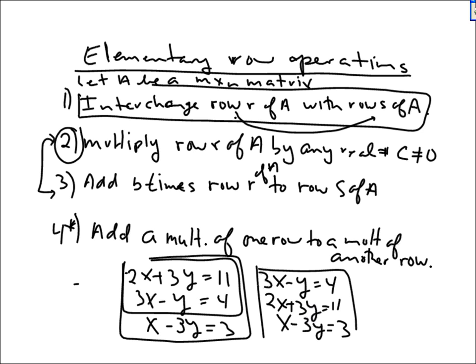Just because I wrote down the equations in a different order doesn't matter. You know, this line and that line intersect right here. But it doesn't matter which line I wrote down first. If I wrote down this line first and then this line, they still intersect at the same point.